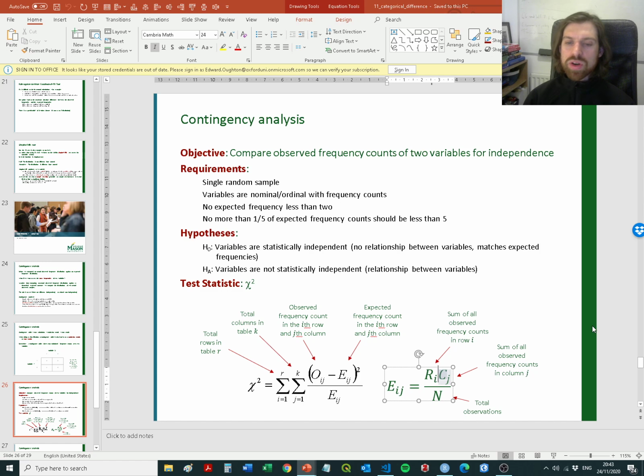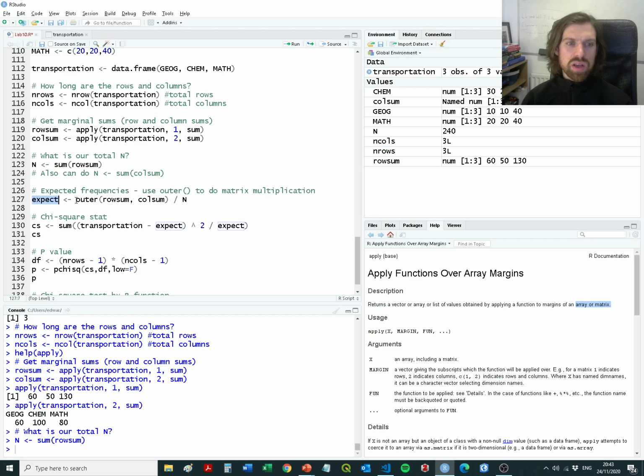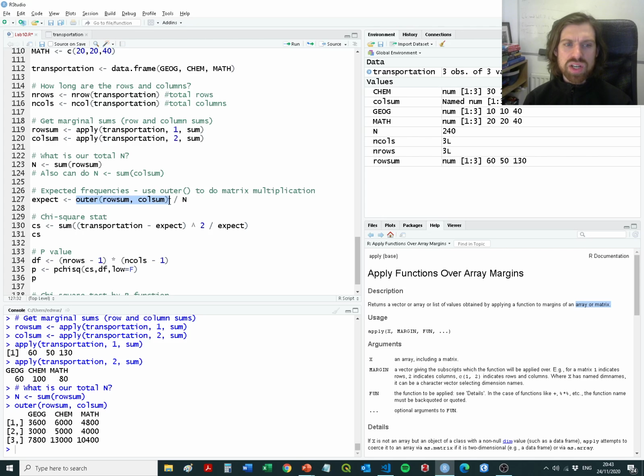Rather than doing this manually each time, we basically need to use a matrix. I don't know if you've got a background in understanding matrices, but essentially we're multiplying each one of the row sum values by each one of the column sum values, and vice versa, until we fill out our whole matrix. Before dividing by n, I've just printed it out to the console here.